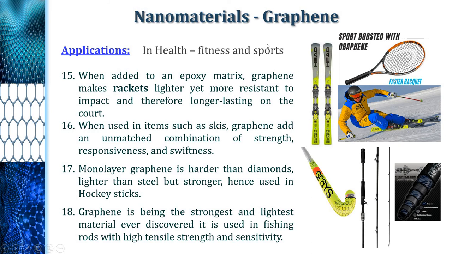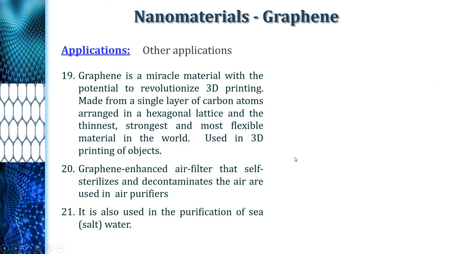So graphene is used not only in the medical field and in health and fitness, it is used in the electronic and electrical industry. It is also used in the sports industry, in sports equipment. It is a miracle material, a wonder material, or you can call it a magic material.